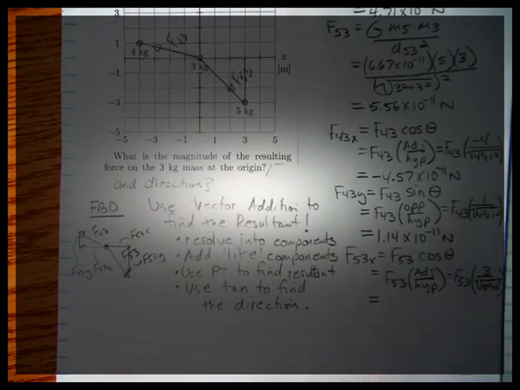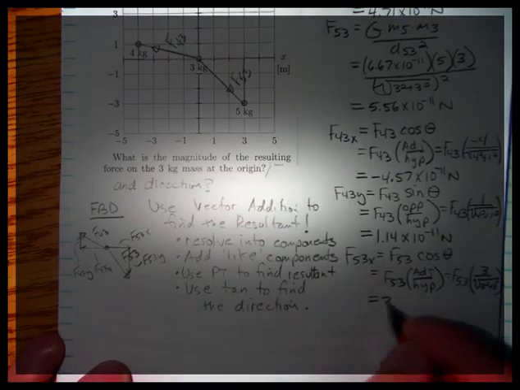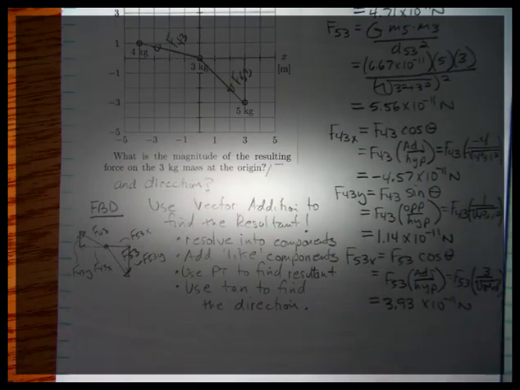Just because we're going to have to go faster because we're going to have a fire drill here in a second. 3.93 times 10 to the minus 11 newtons. Okay, that's the component.